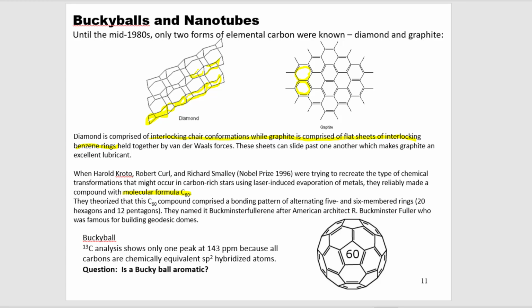Well, the answer would be no. Why? Because of the ball shape, every one of those p orbitals kinks the whole system out of plane, so those p orbitals don't fully overlap with one another and thus aren't fully conjugated.